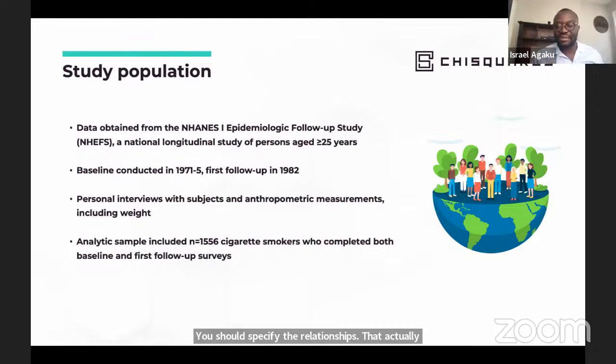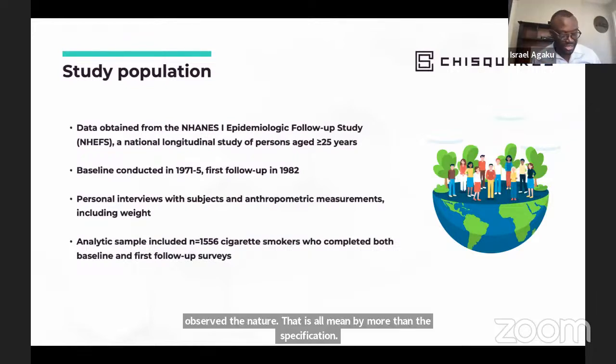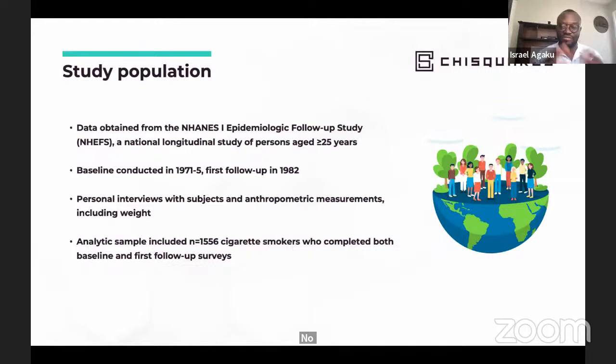Now, let me show you quickly how we fit the models so that you can see how all of that comes together. So this is data from NHANES. NHANES is the National Health and Nutrition Examination Survey of adults aged, in this case, 25 years or older. We had the baseline survey in 1971 to 1975, and then there was a follow-up in 1982, right?